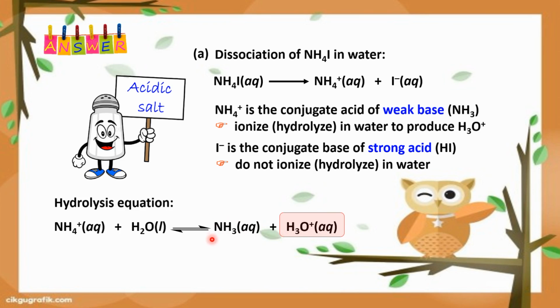Please remember this reaction is reversible, so you have to use the reversible arrow. Why reversible? Because the cation here came from a weak base, that is ammonia. Since H3O+ is formed, the solution of ammonium iodide is acidic.